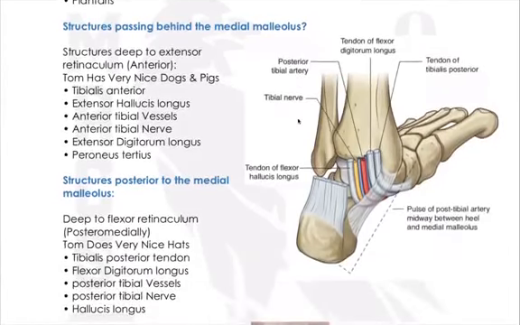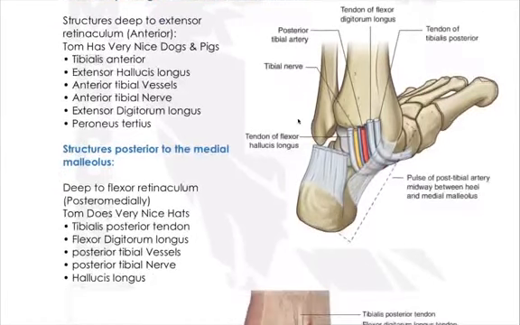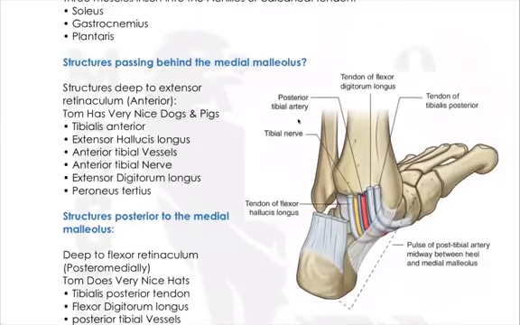Can you just scroll upwards, sir? Yes. Here, the one written in blue, structures passing behind, it should be structures passing in front of the medial malleolus. Right, you are correct. That's why I'm saying there is a confusion here.